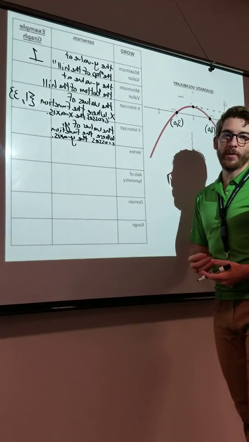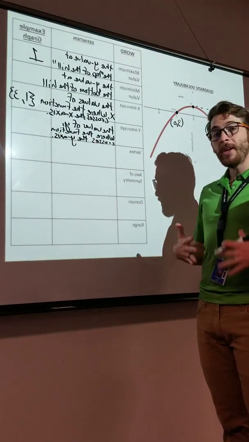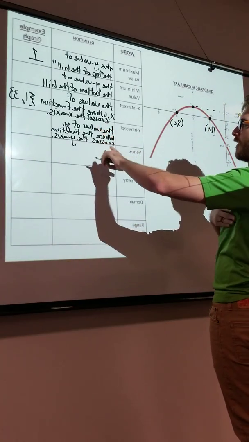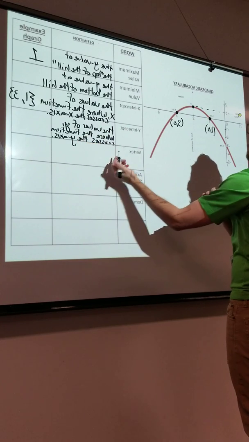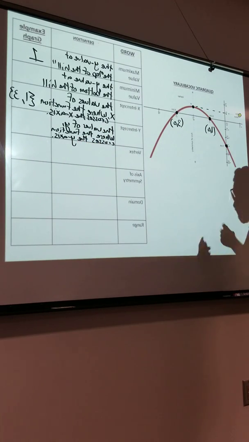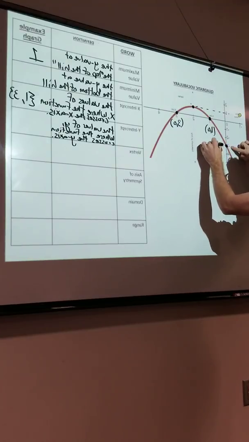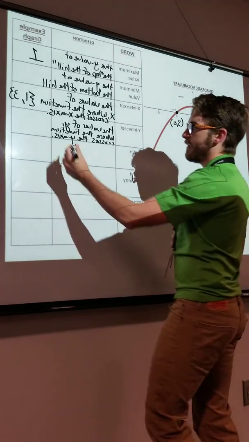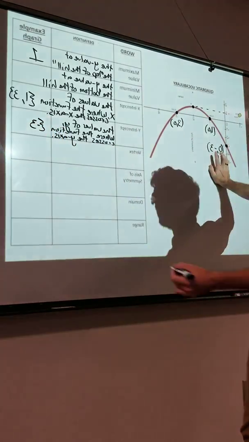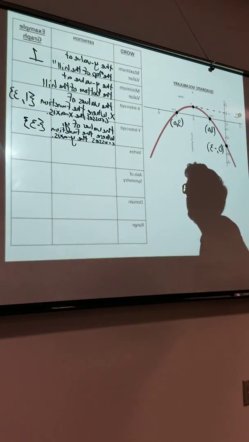Now remember, if you're having difficulty reading this, or if you need for me to repeat things, you can just rewind. So the value of y where the function crosses the y-axis, and in this case, it's that same exact idea here. So I could do two things. I can write this as a point (0, -3), or I can write this as a set, -3.